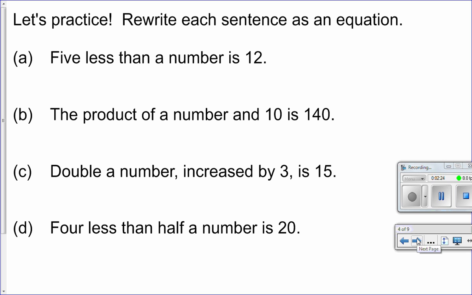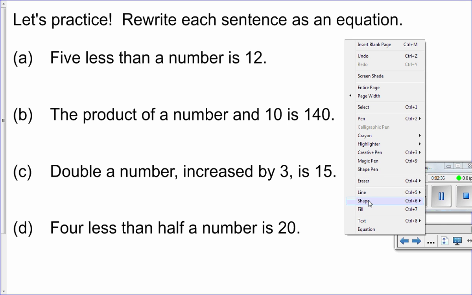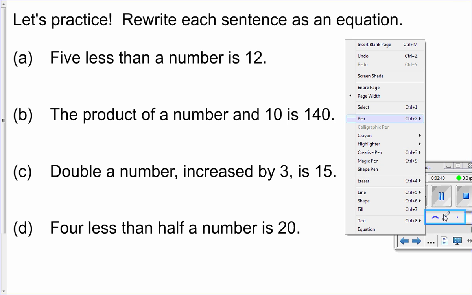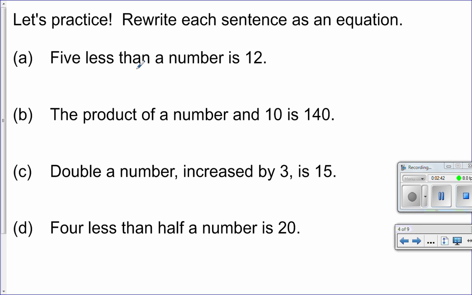Okay, so let's practice. We're going to rewrite each sentence as an equation. I'm going to do the first two, and then you're going to try the second two at home. All right, 5 less than a number is 12. We need to be careful with the language here because it says 5 less than a number.